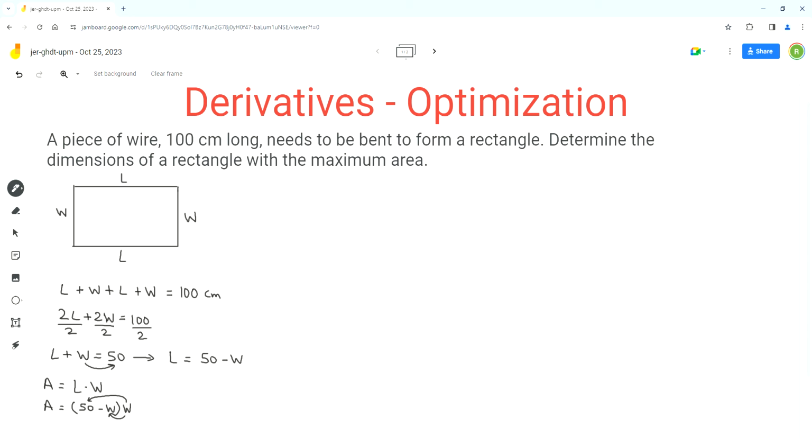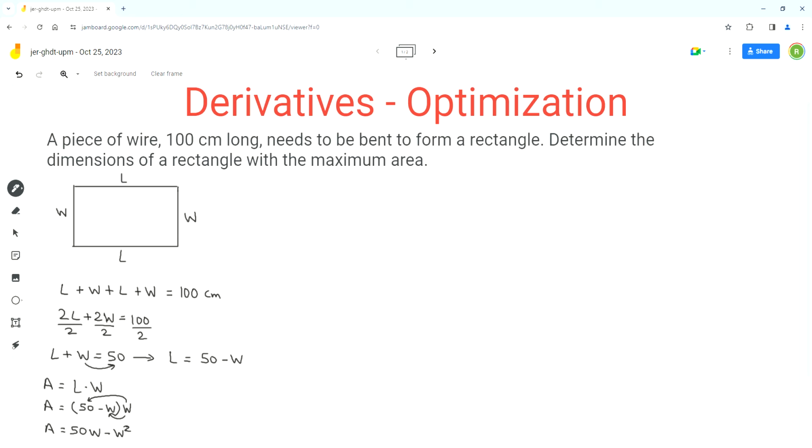So we get area equals 50W minus W squared. So this is the expression for area of this rectangle.